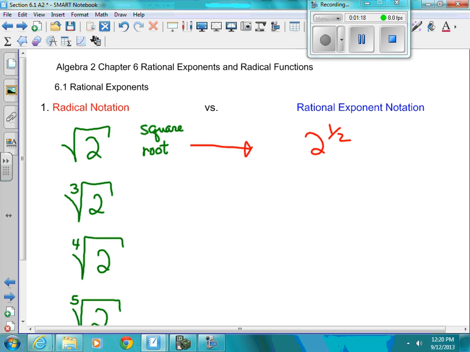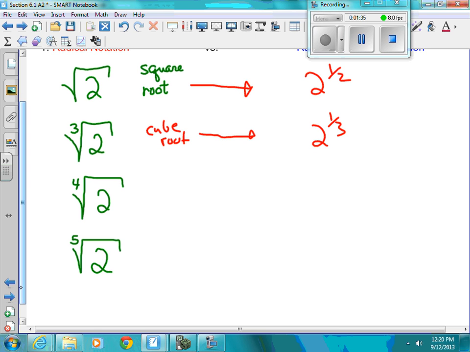This is the cube root, because it's a power of 3, or a root of 3. To rewrite that as a rational expression, it would be 2 to the 1/3 power. And down here, we stop giving them fun names, and we just call it the 4th root.